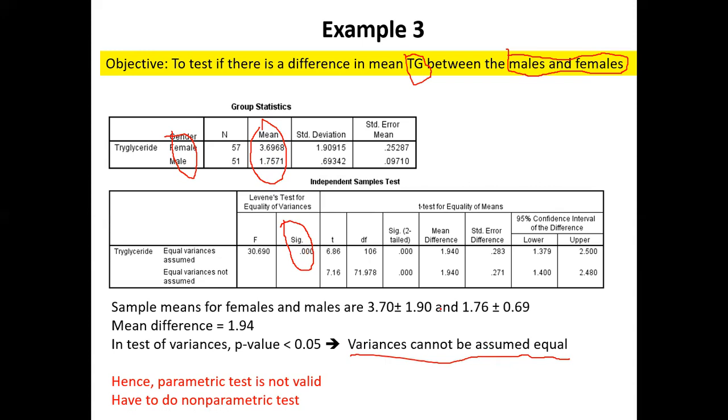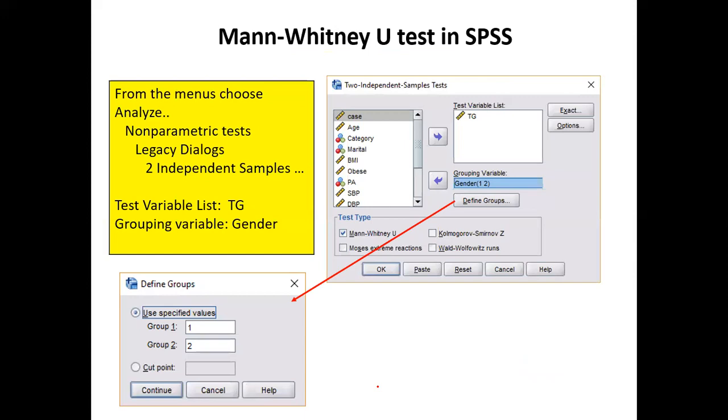Then you can't run the parametric test. Then do non-parametric. Same thing. Change this to DM. So instead of gender, change to DM.